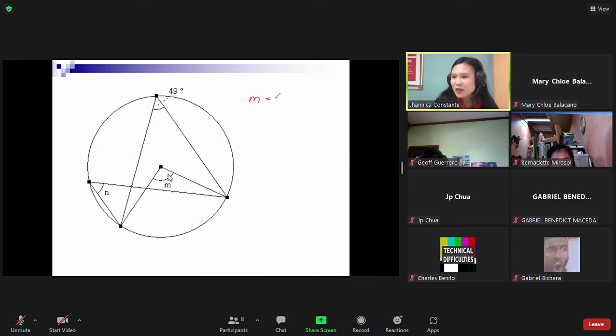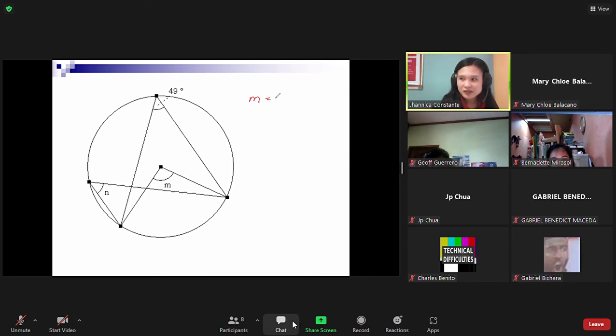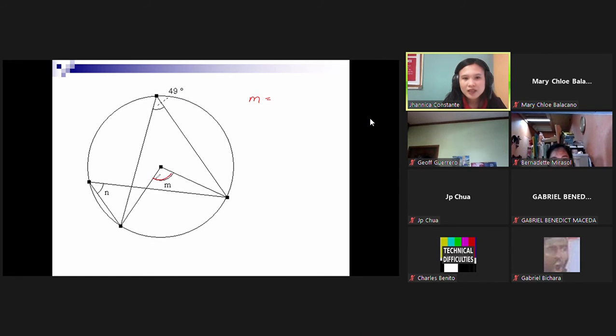We only have three properties: the chord, the angle center, and the cyclic quadrilateral. In this problem, since one of the angles is at the center, we're going to use the angle of center property.